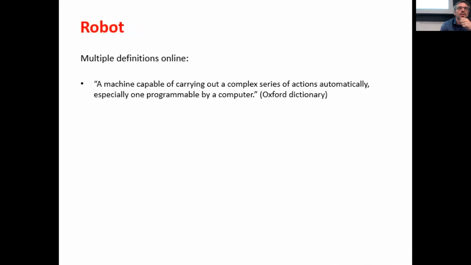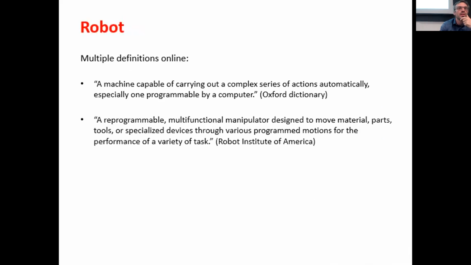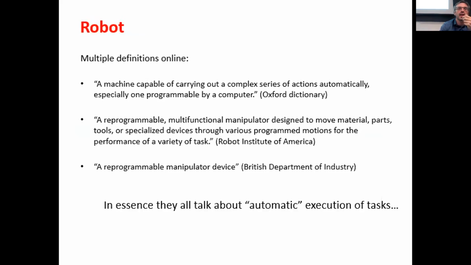You can find, for example, a machine capable of carrying out some task autonomously that is programmable by a computer, or a manipulator, this word manipulator, that is able to move material, parts, tools, again performing a variety of tasks, or simply a programmable device. All these definitions are correct.